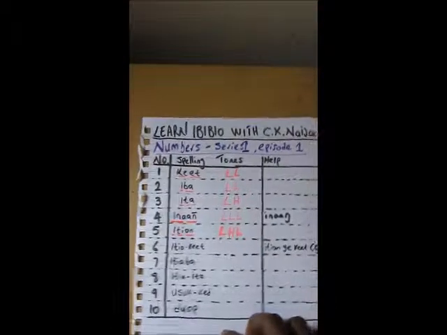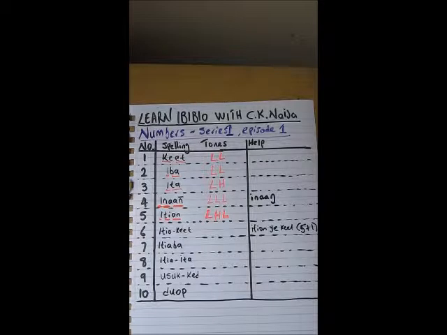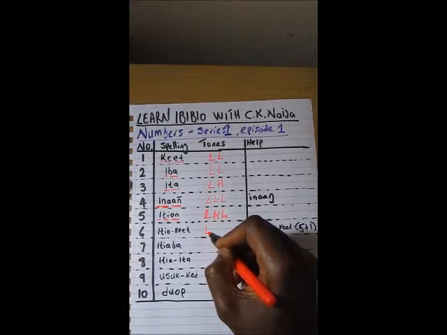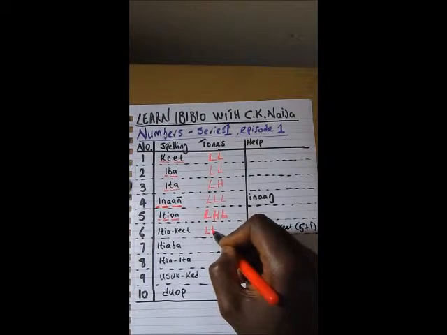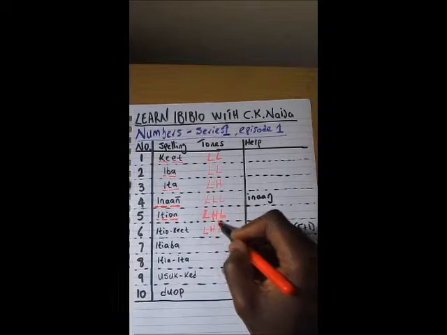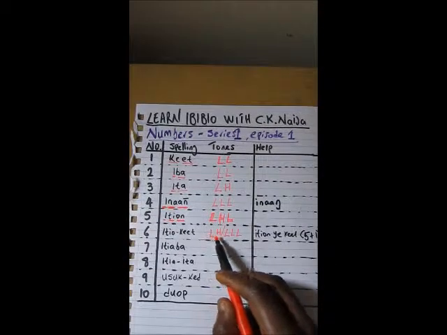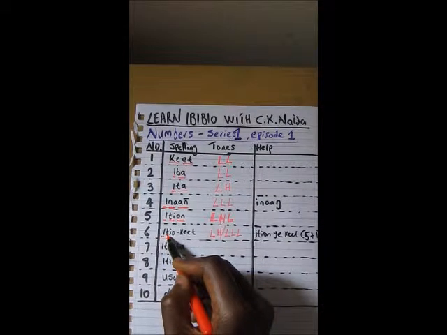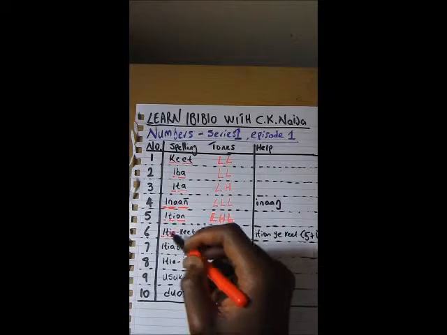And in terms of tones, for the word for 6, we have a low tone, then a high tone, then three low tones, right? So low, high, and three lows.